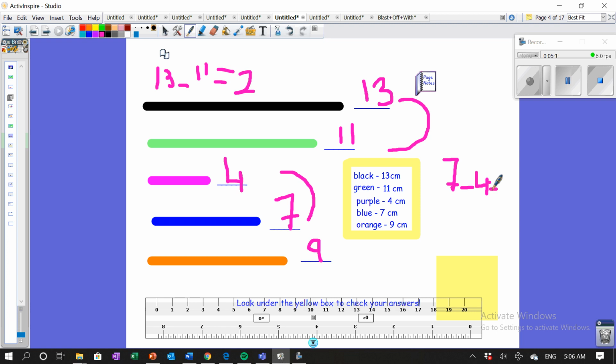The answer will be 3. So I say the blue line is longer than the purple line by 3 centimeter. So I just find the difference, even if I have the measurement in centimeter or meter or inches. All of them are the same comparing. Let's see the next.